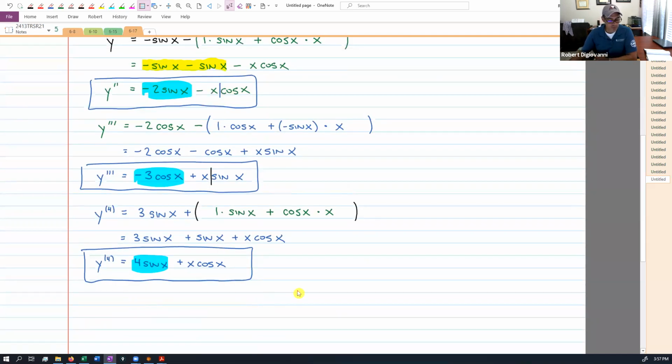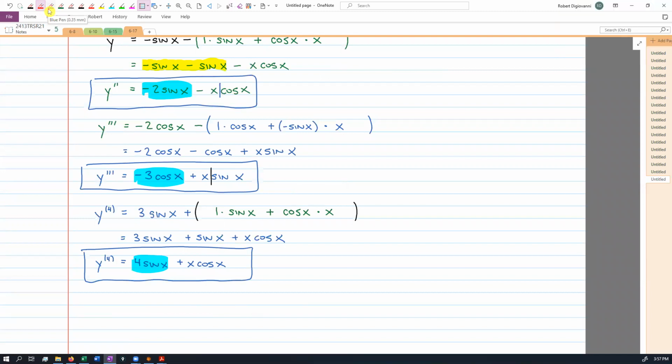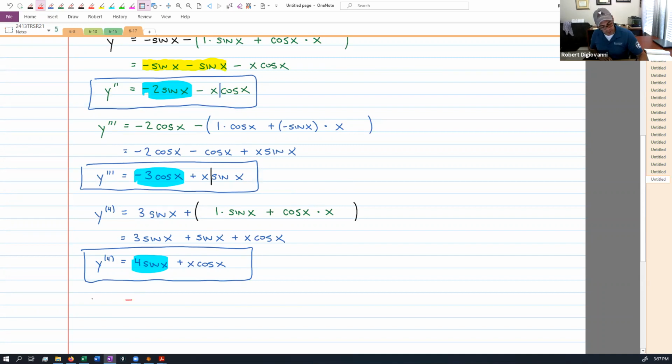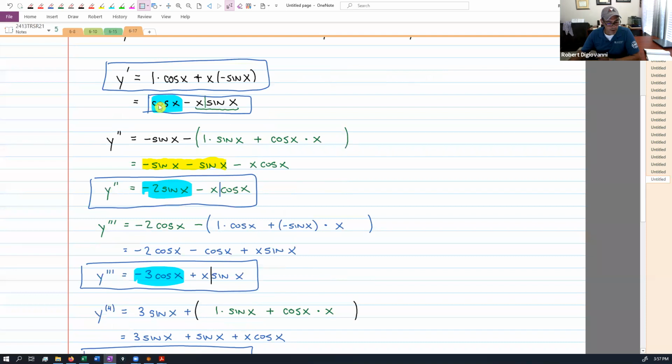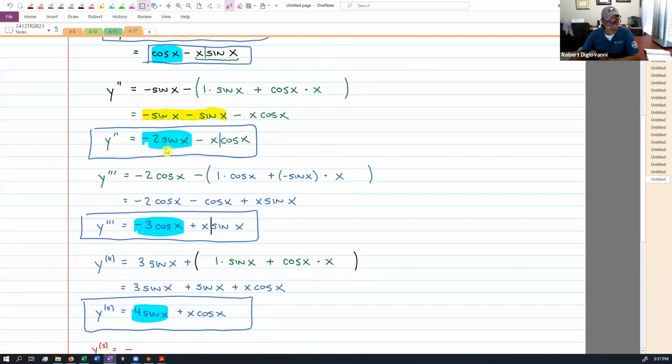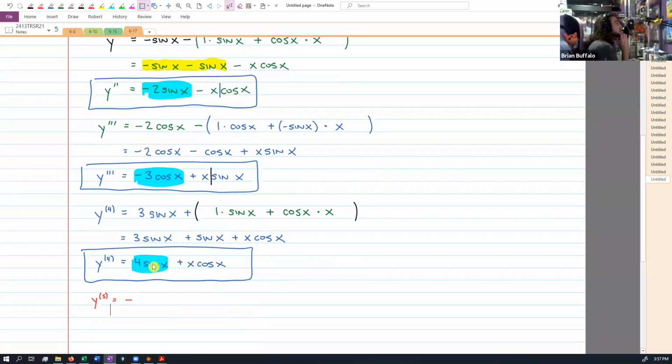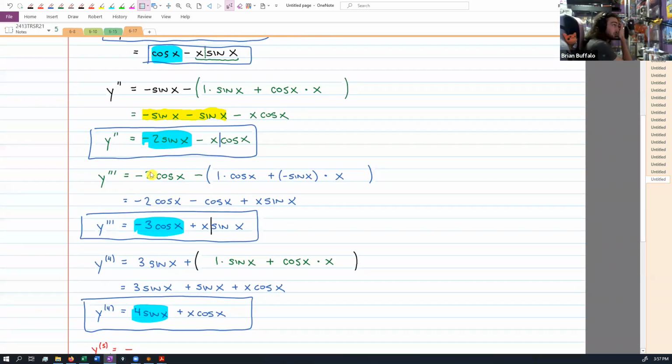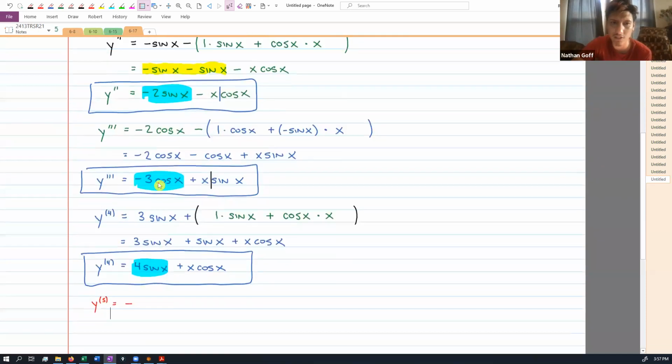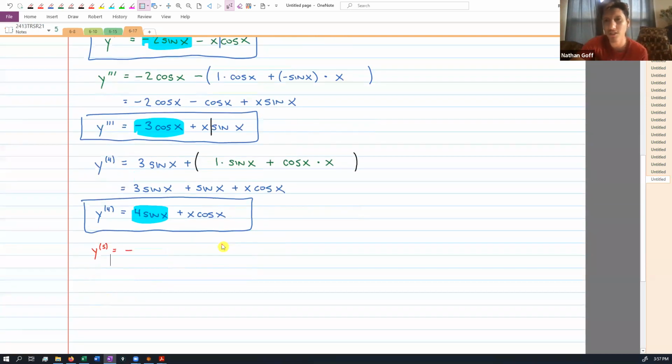Do we have any guesses as to what the next one would be? 5 cosine. Sine. Positive or negative? Positive. What do y'all think? We went positive, negative. Is it going to be a negative? It would be a positive because cosine goes to negative sine, so wouldn't sine.